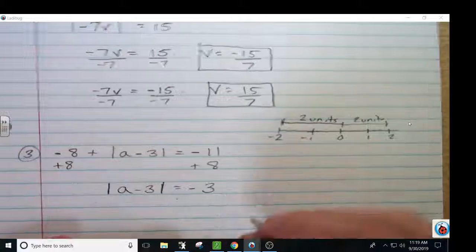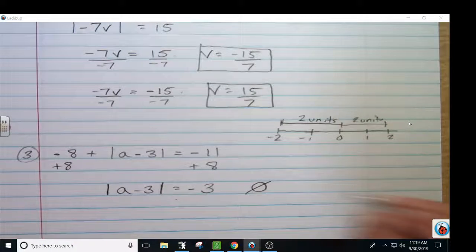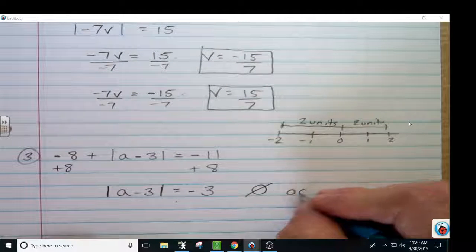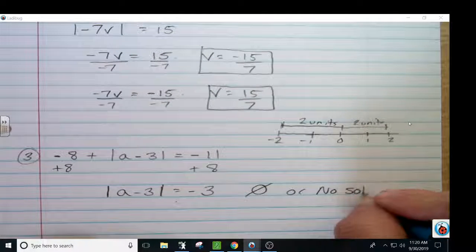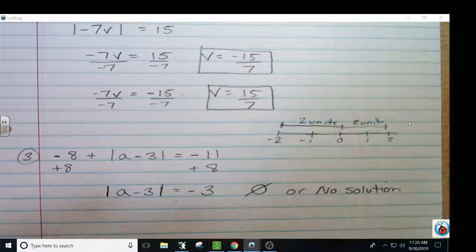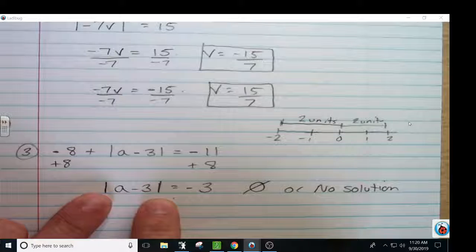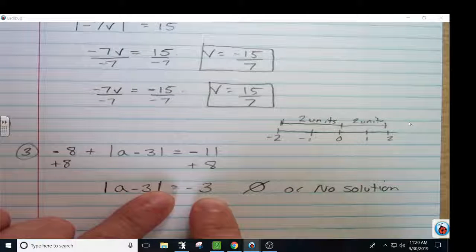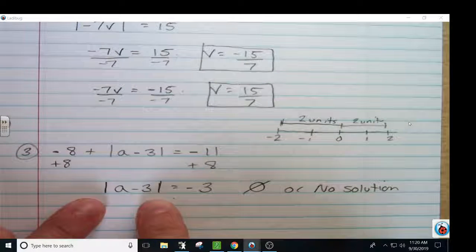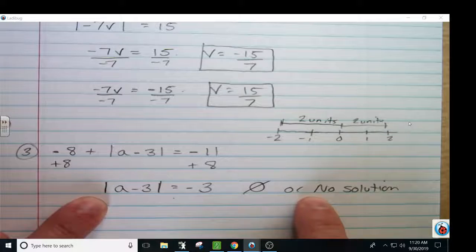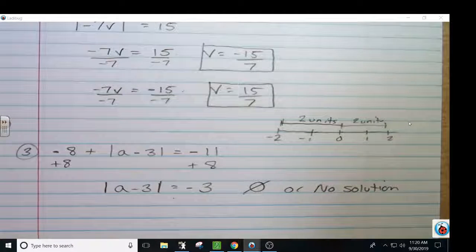No. This is what they call an empty set, which you might write as a 0 with a slash mark through it, or no solution. So if you've got absolute value and it equals a negative number, it is no solution. Make sure it's by itself though.